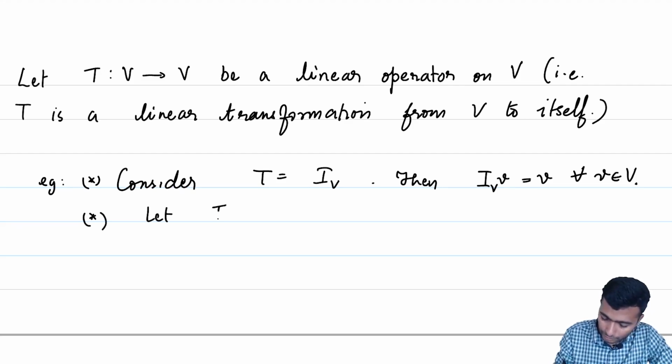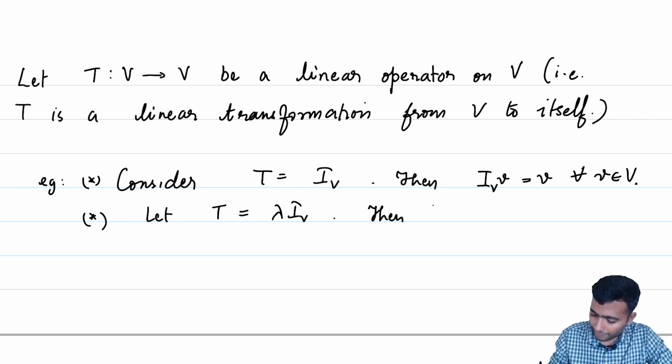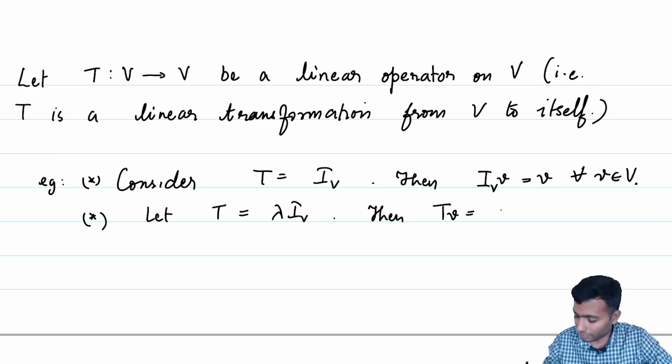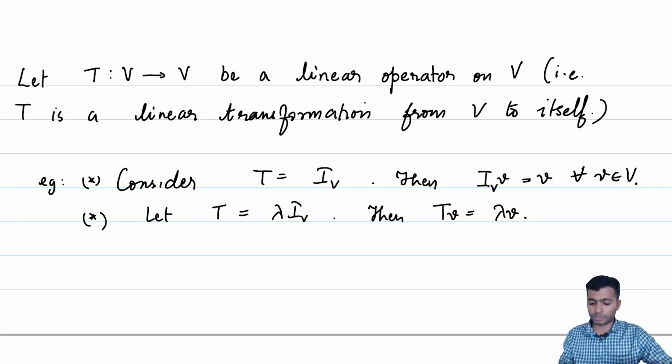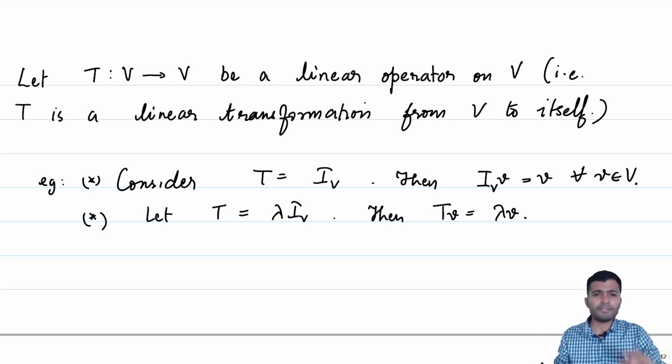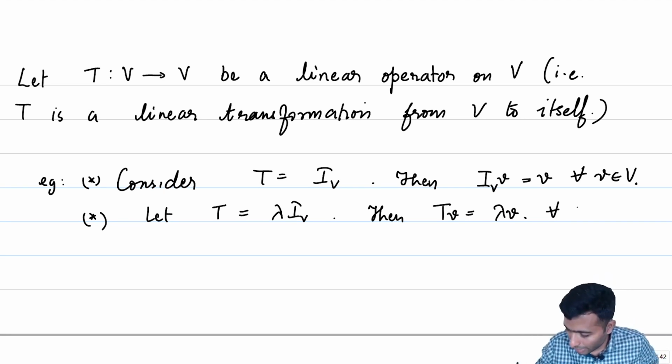Now, let T be equal to lambda times I_V, then T(v) is equal to lambda I_V acting on v, which is equal to lambda times v. So, notice that in our first example, where the linear operator is the identity map, it dilates every vector in the vector space by 1, or in other words it leaves it fixed. And in the second example, every vector is dilated by lambda.